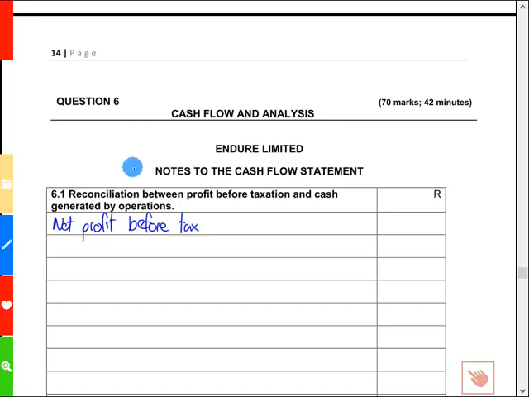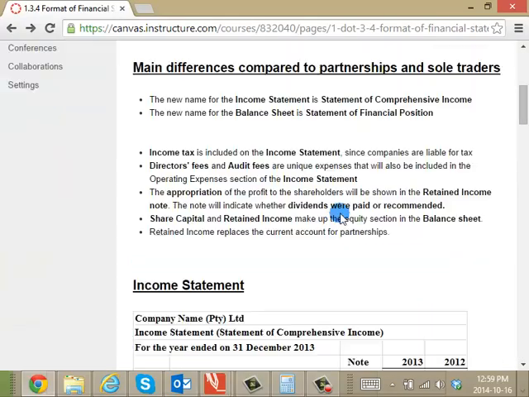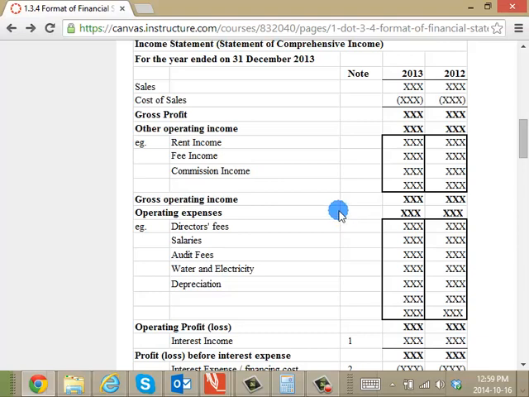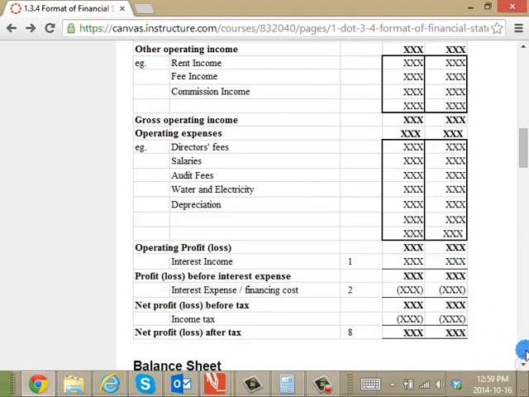If you look at your income statement, let me quickly show you. You go to your financial statements module, you will see that the income statement includes depreciation, it includes interest expense, and before tax it doesn't include income tax yet. Because we start with this figure, net profit before tax, it already includes all of these other figures.